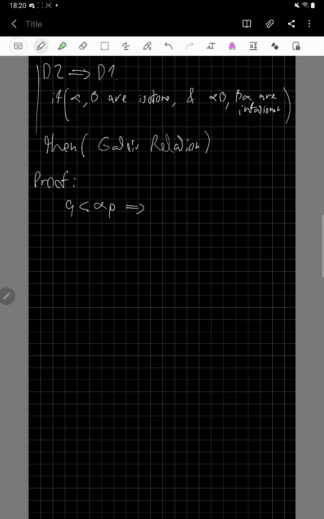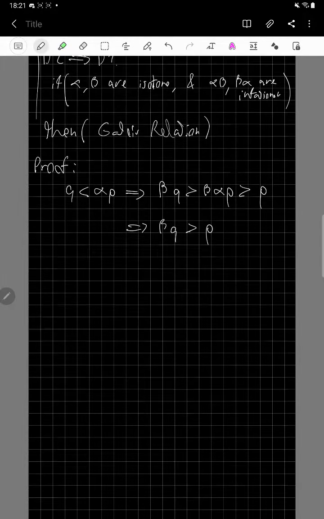Then we can apply beta here. Then beta Q is greater than beta alpha P. And we know this one. You see, beta alpha, we can reduce this. We know that this is greater than P. And so we just proved that beta Q is greater than P.